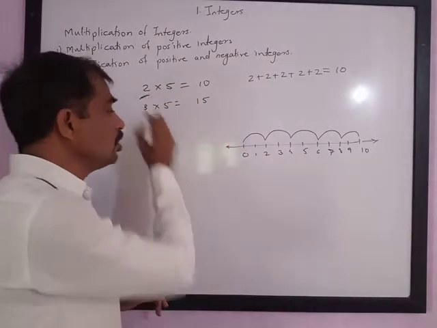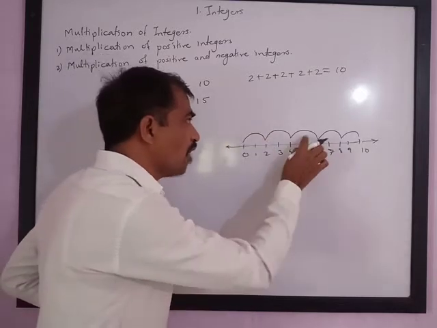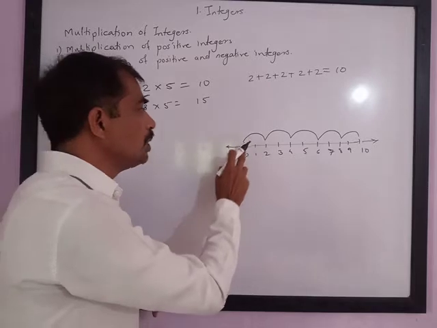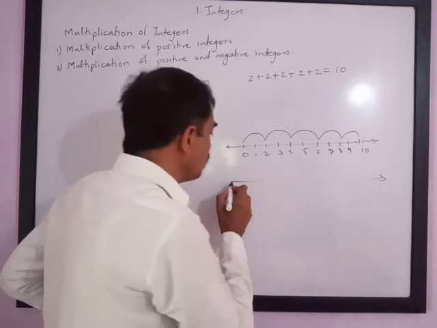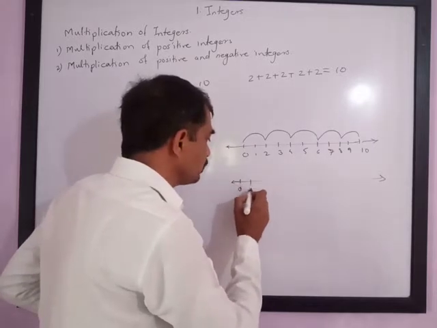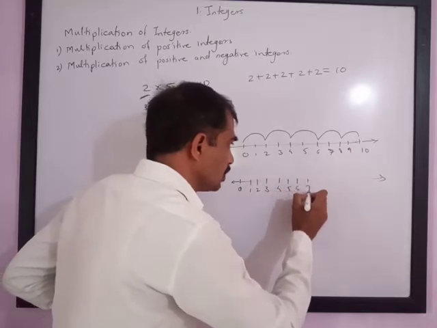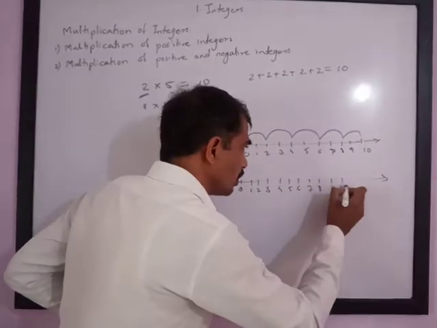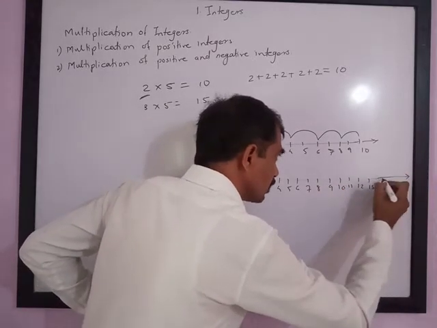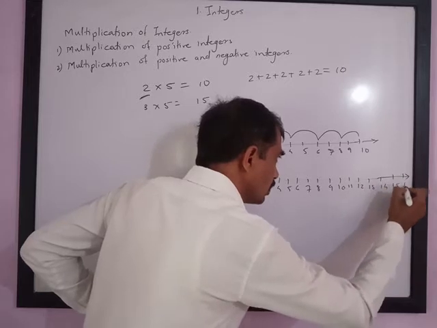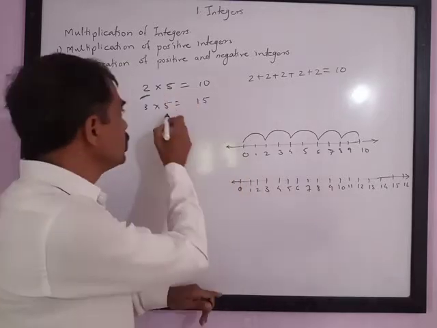Please note each jump is of 2 steps. Since it is 2, we have to jump 2 steps a single time. So if you jump 5 times, you will get the answer. 2 multiplied by 5 is 10. Now if you want to solve 3 multiplied by 5, then each jump must be of 3 steps and we have to jump 5 times.